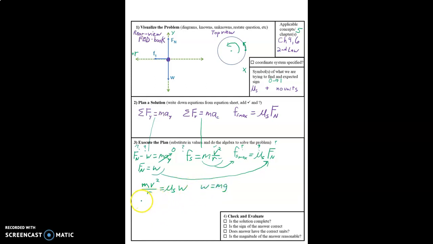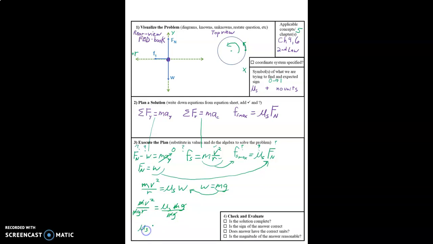Mg. So now we can substitute this in right here. We say mv squared over R equals mu S times mg. And now we see we can divide both sides by m, and we can divide both sides by g. Okay, so that cancels, that cancels.